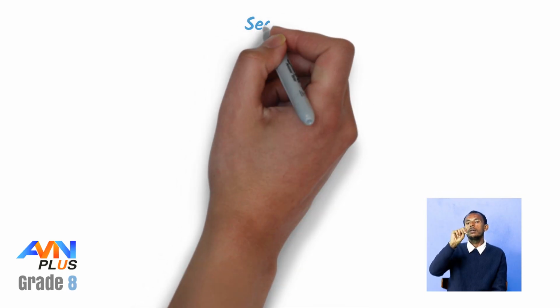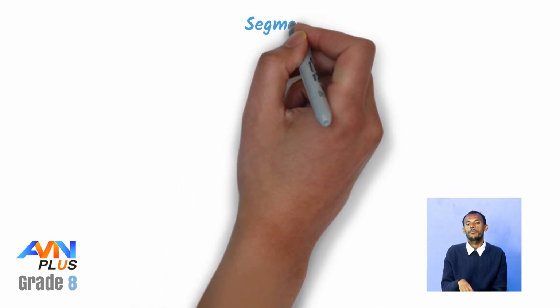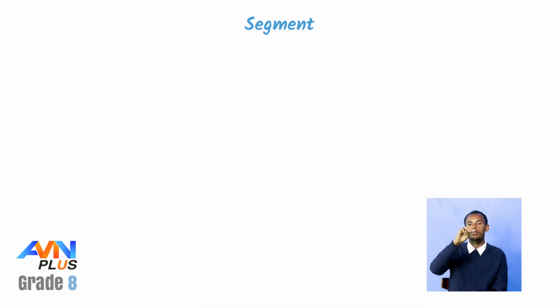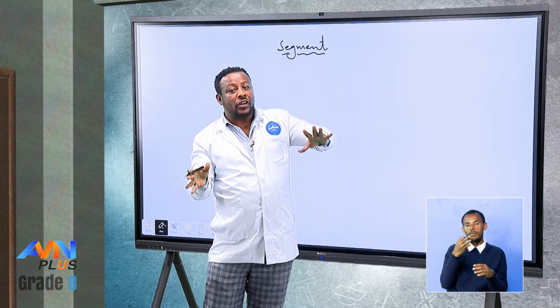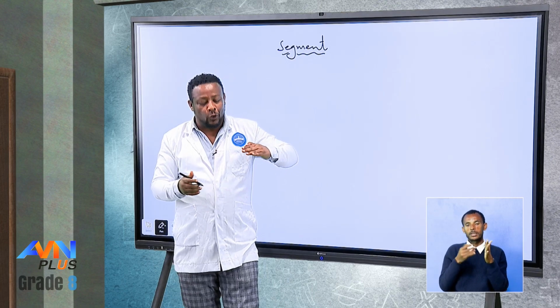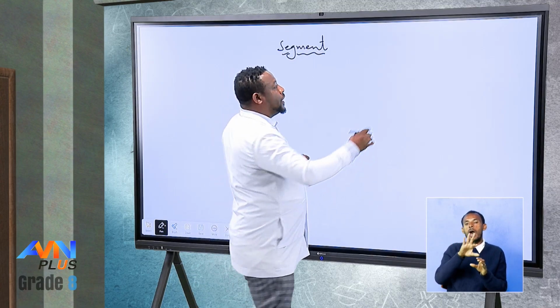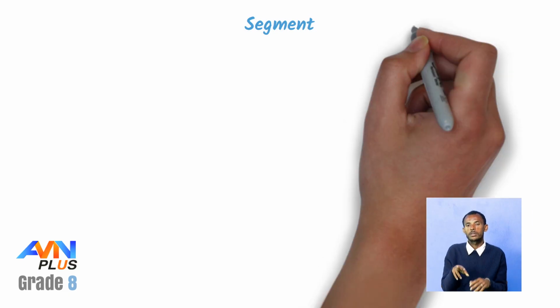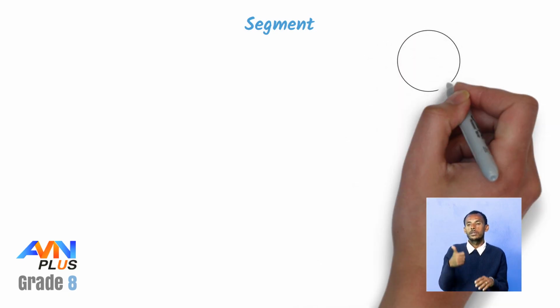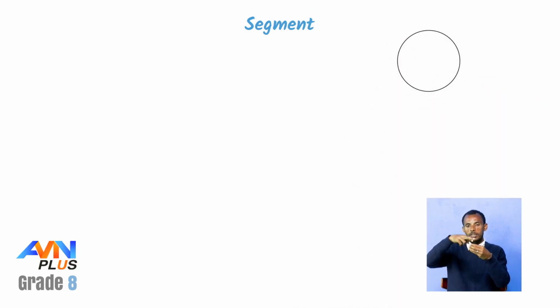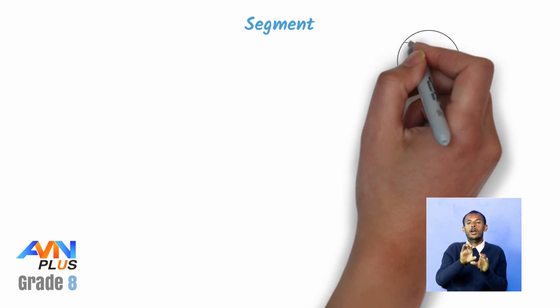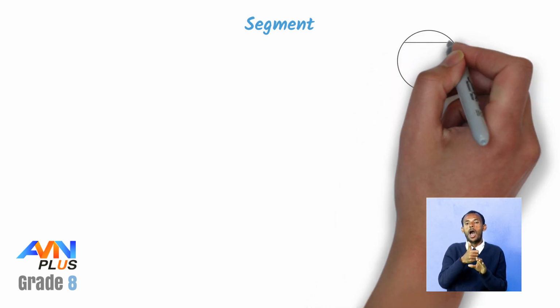Okay, segment of a circle. Now, a segment of a circle is a region enclosed by a chord and an arc. Okay, look, a segment is a region enclosed by a chord and an arc.